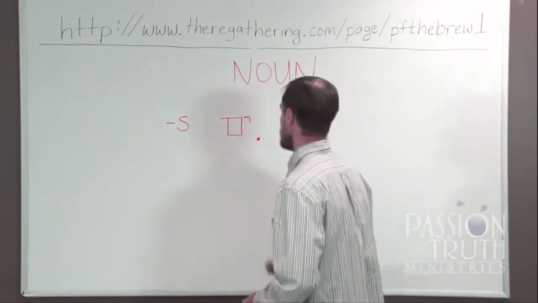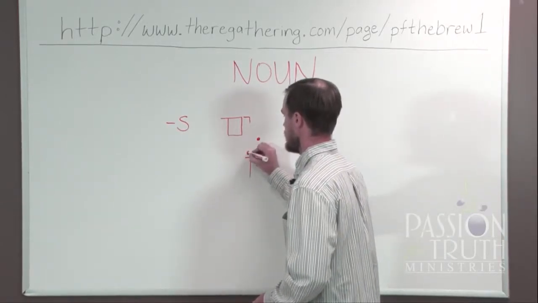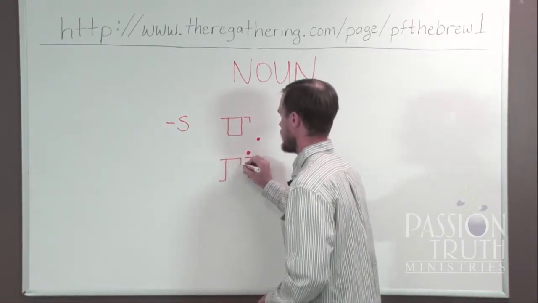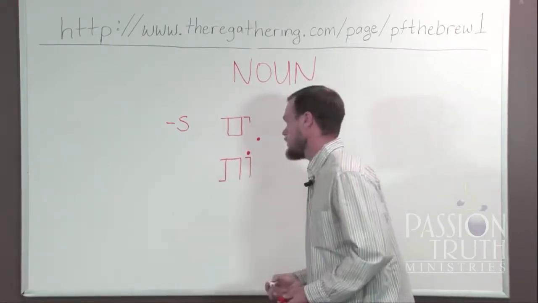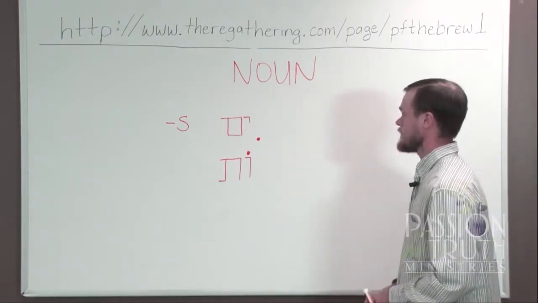For feminine nouns, the suffix is the cholam vowel, followed by tav, pronounced ot. Okay.